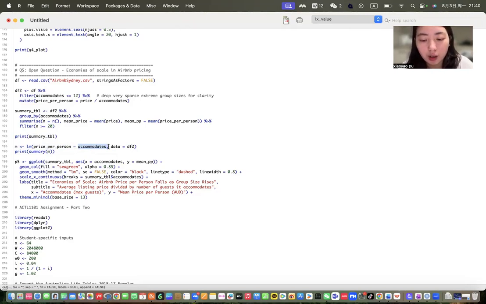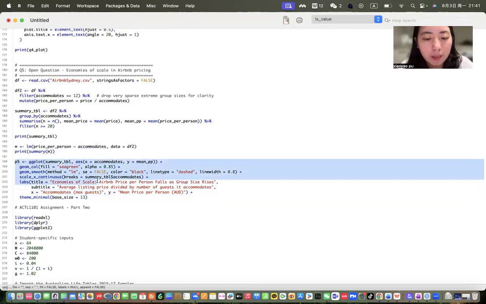The slope comes out about 5.28, which is statistically significant with a p-value well below 0.001, meaning each additional guest a listing can accommodate is associated with roughly $5.28 less in price per person, and this isn't just due to random chance.